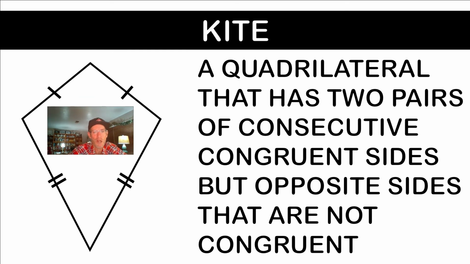But no opposite sides are congruent. So this side over here is not congruent to this side over here. The opposite sides are not congruent. A kite is a quadrilateral that has two pairs of consecutive congruent sides, but opposite sides that are not congruent.